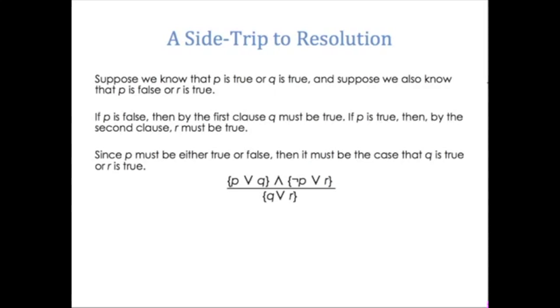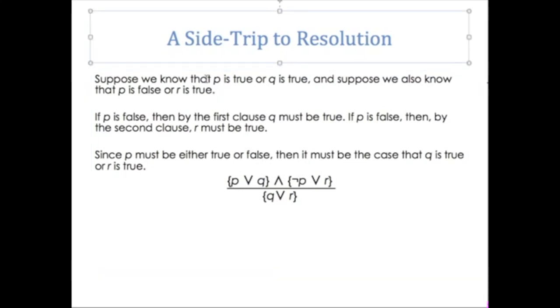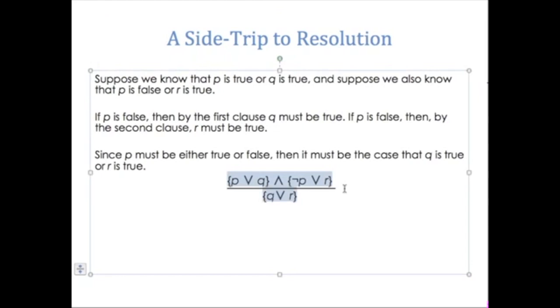If P is true, then by the second clause, R must be true, right? So either P is true or P is false, which means either Q is true or R is true. So that's why we have this representation. We say P or Q and not P or R means that we can conclude Q or R.